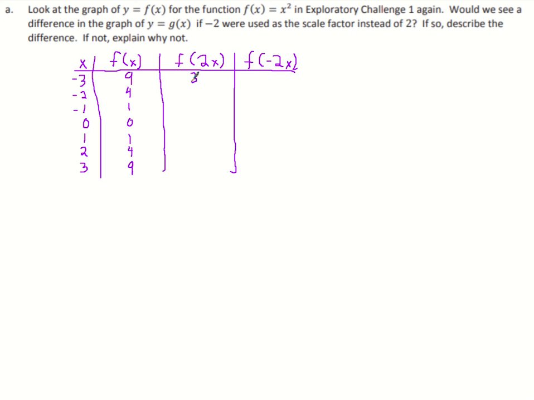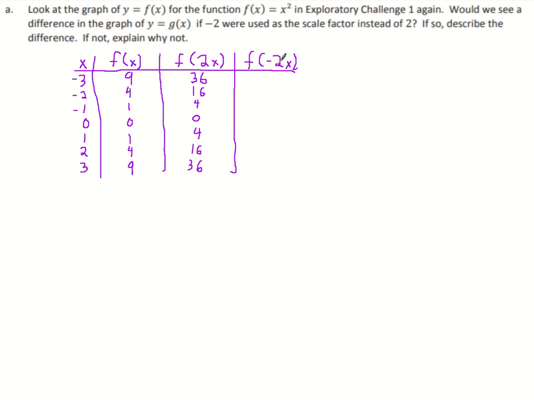So we had 36, 16, 4, 0, 4, 16, and 36. So let's see if these values are going to change any bit, or how they are going to change if we use -2 instead of 2.